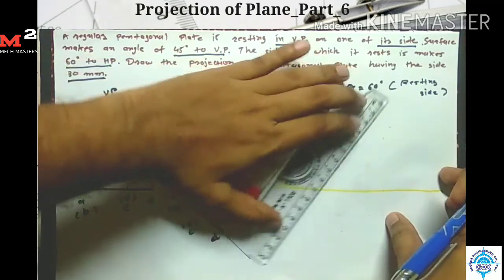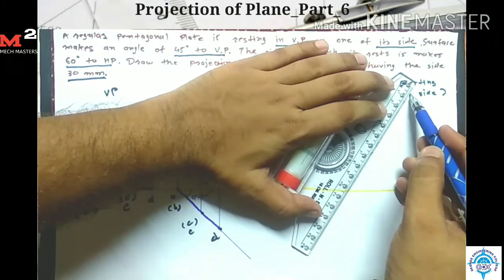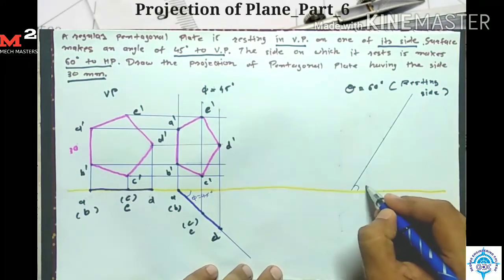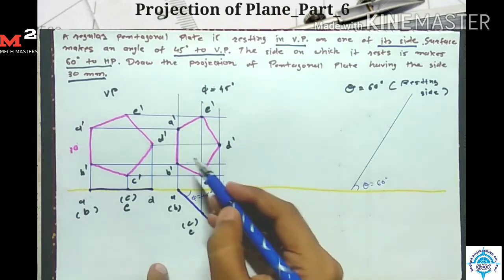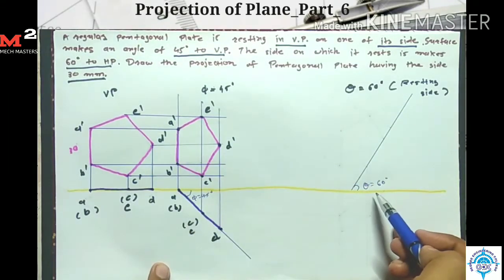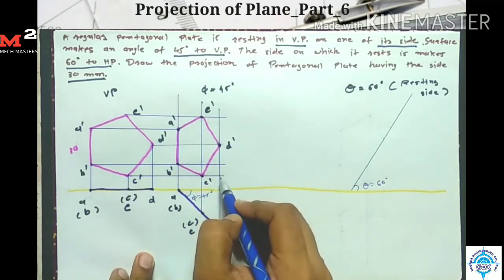Okay, so first I draw one line at an angle of 60 degrees. Now I require to draw this pentagon here, with side AB at 60 degrees. Okay, so I use the rectangle method, so first I draw one rectangle here.